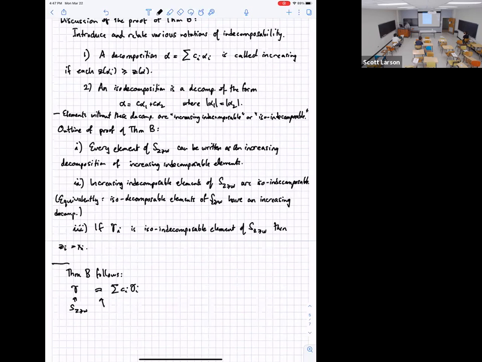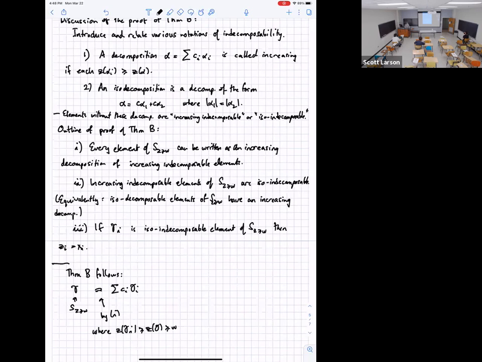This is by 1, where Z of gamma i is bigger than Z of gamma. So each of these gamma i's is bigger than or equal to W. So I'm still in my set there.